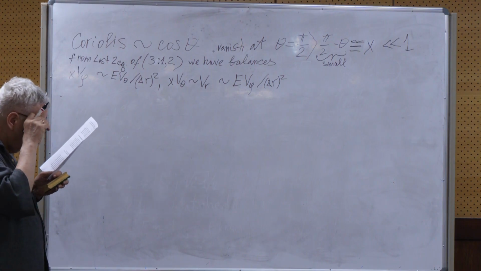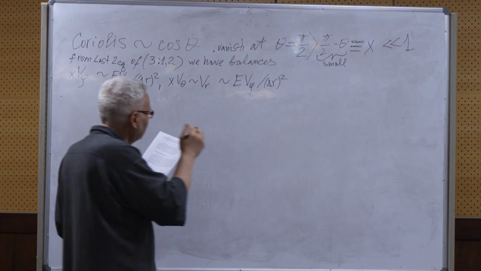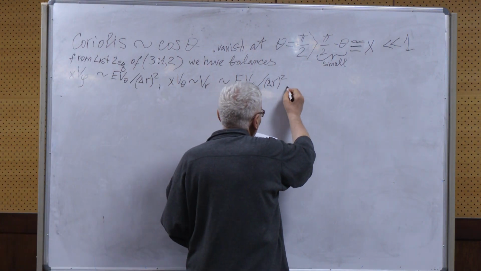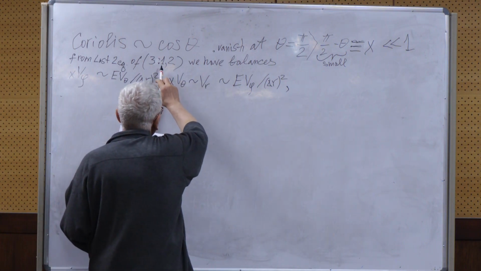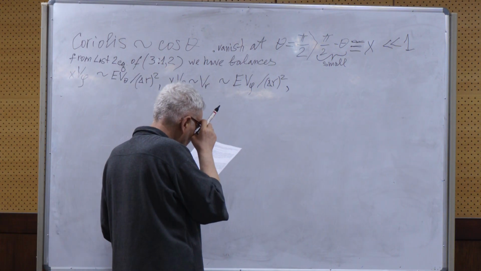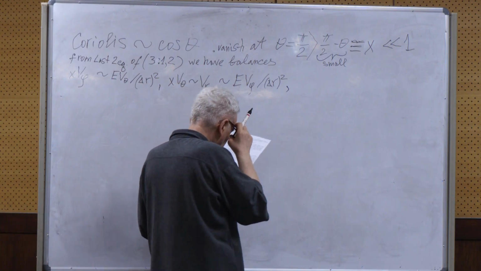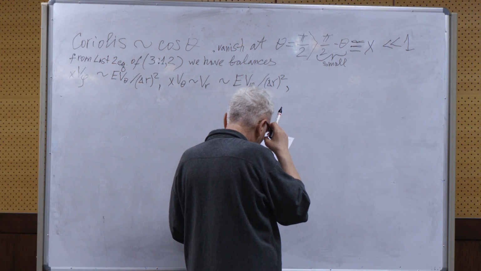Then again we have actually three relations, for the last two equations in 3.1 and for one equation from 3.2. Delta R squared.